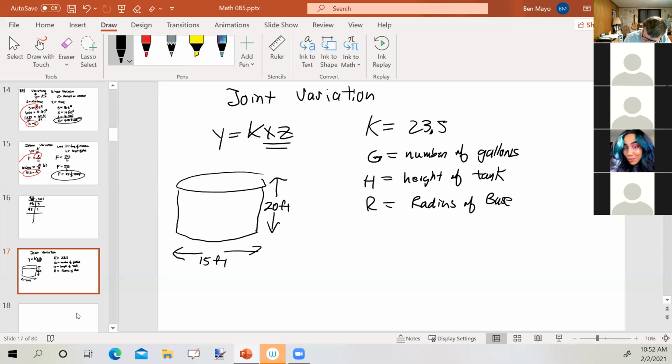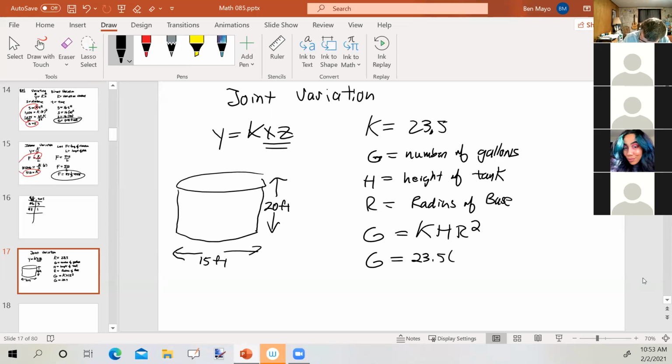And it says that G, the number of gallons, varies jointly. So we've got G equals K times the height of the tank and the square of the radius. So G equals KHR squared. Any question where I got that? Okay, G is our unknown. K is 23.5.